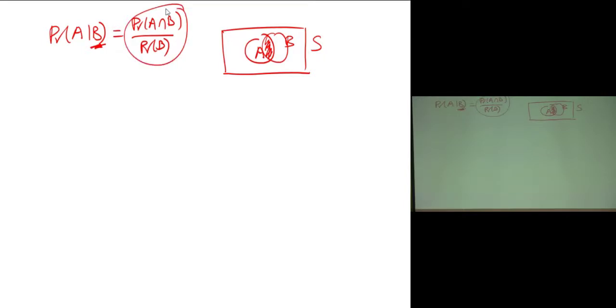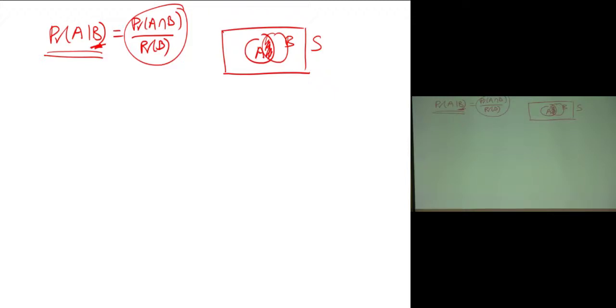All right? So you have to understand the formula and use it to compute conditional probabilities. Just remember, conditional probability is still a probability of an event, so it satisfies all the axioms and properties of probabilities.